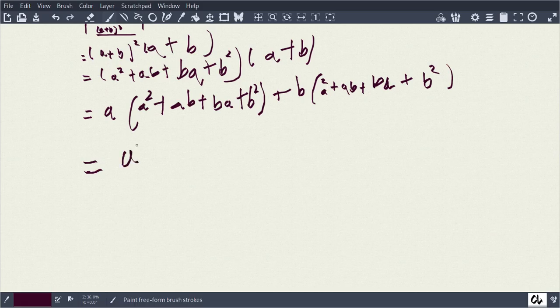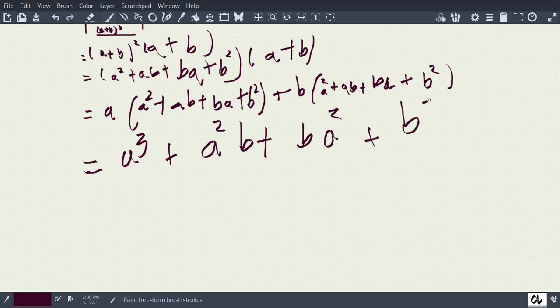So this is going to be a raised to the power of 3 plus a raised to 2 b plus b a raised to 2 plus b raised to 2 a, and again we have the second one. Let's take a look at the second one.